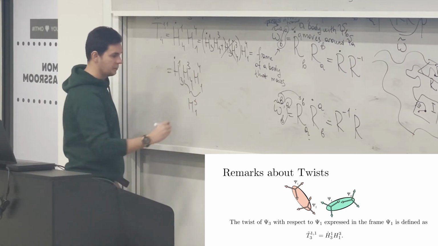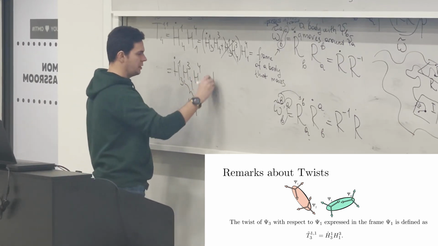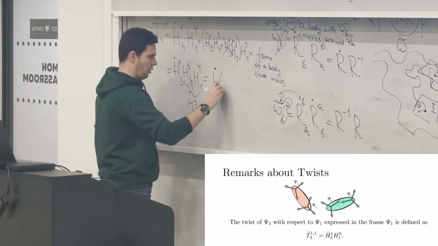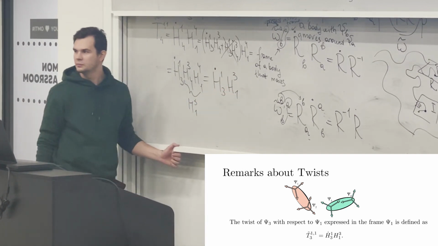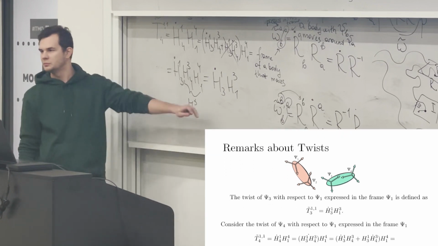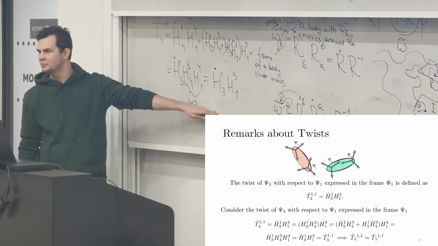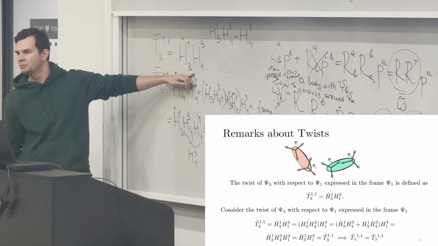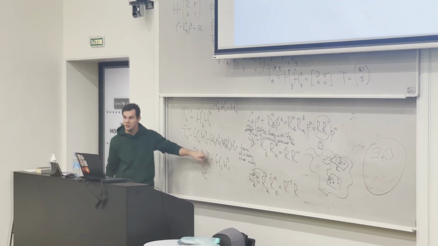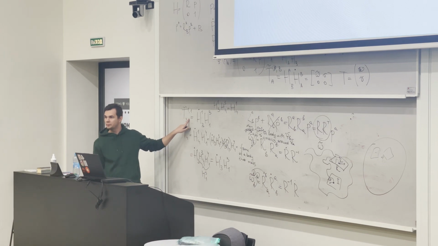3, 1. So it will be H13, H31. Does it ring a bell? It means that the twists are the same.